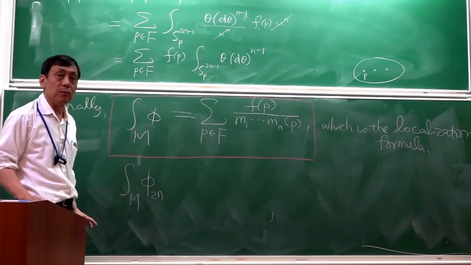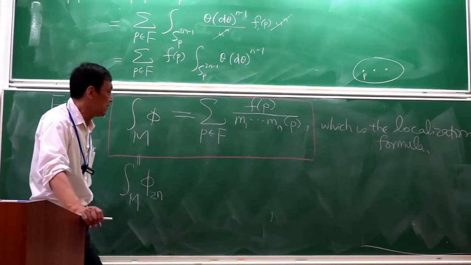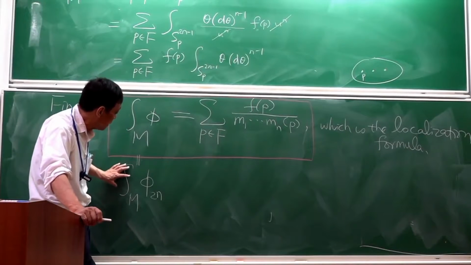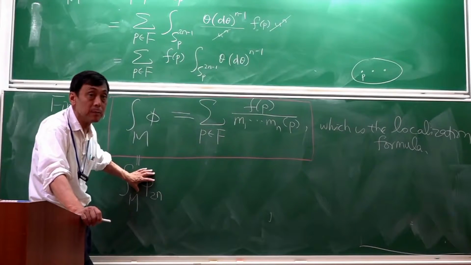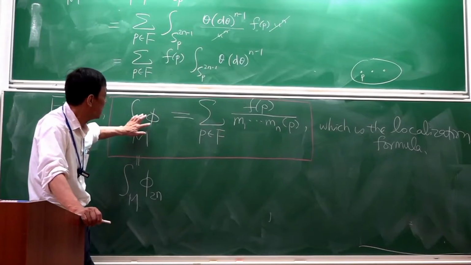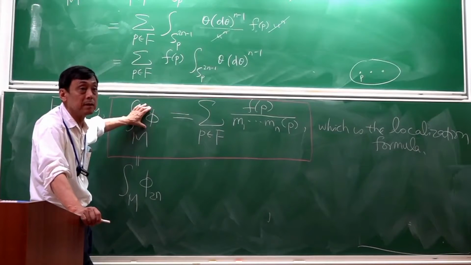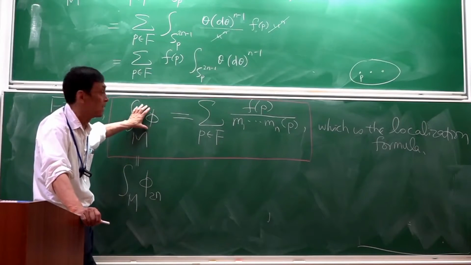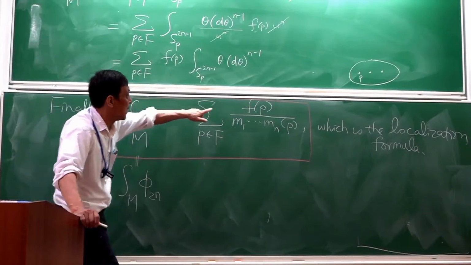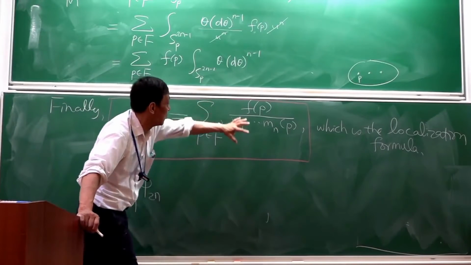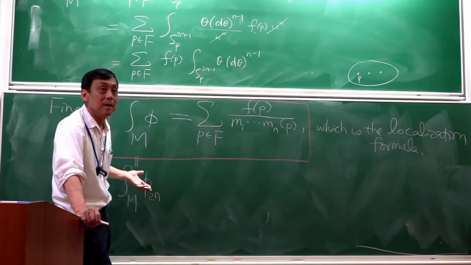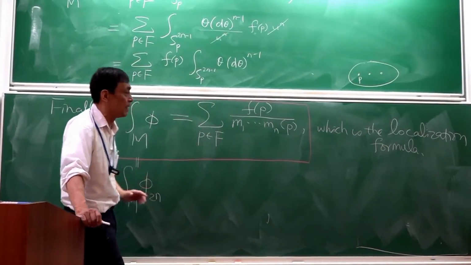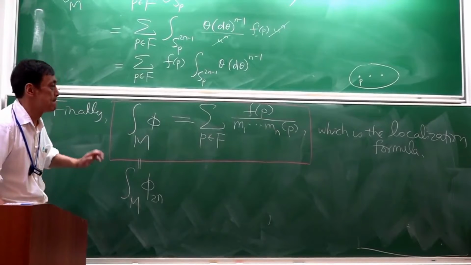That's an ordinary form. So this gives you a way to calculate the integral of an ordinary form. You first have to find an equivariantly closed extension, and that will give you the f. And then you can use this formula to convert an integral to a sum.